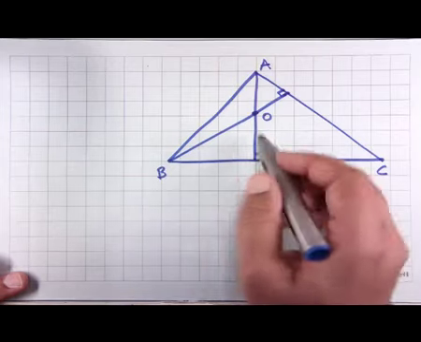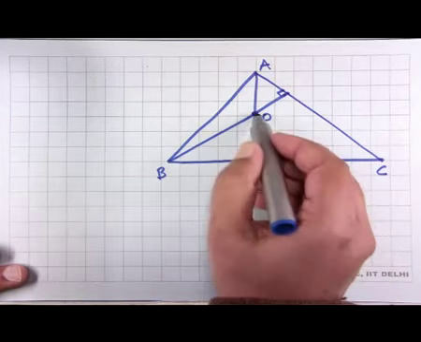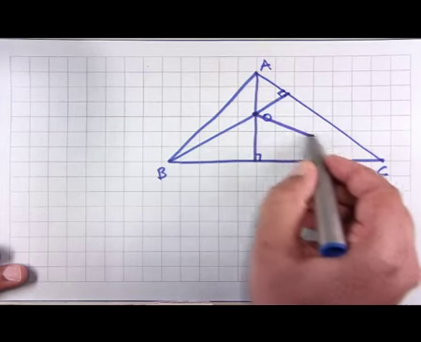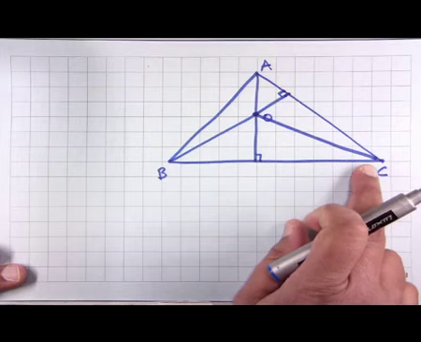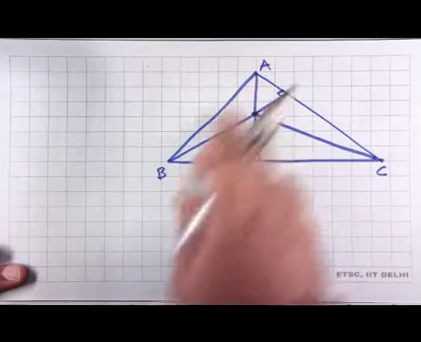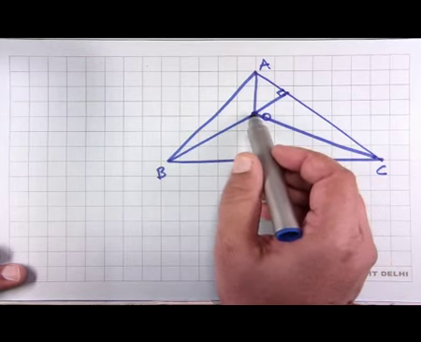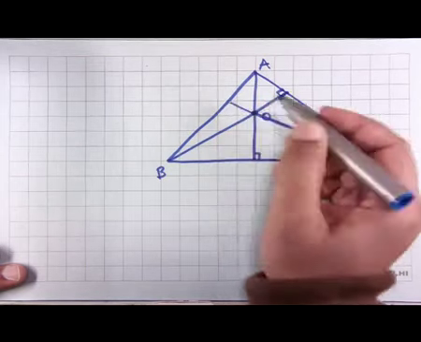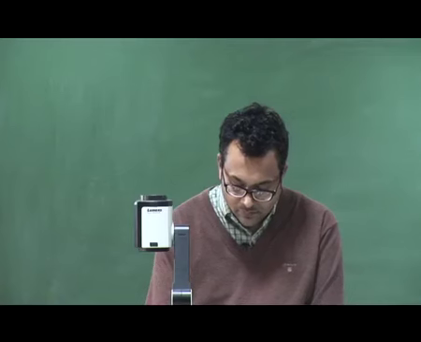orthocenter. And then we had also shown in one of the previous lectures that the third perpendicular from the vertex C to the opposite side AB will also cross through this point O. Therefore, this angle is also 90 degrees.